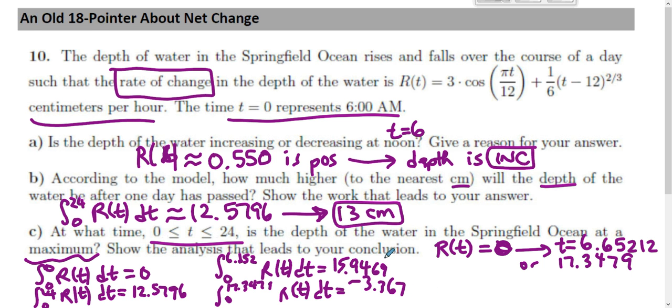So what's the biggest? That's the biggest. So this is the time when the depth of the water is a maximum. Show the analysis. We have taken a derivative, found critical points, checked the endpoints, checked the critical points. That's the biggest. So this is the answer to the question. That's the time when the depth of the water is a maximum.